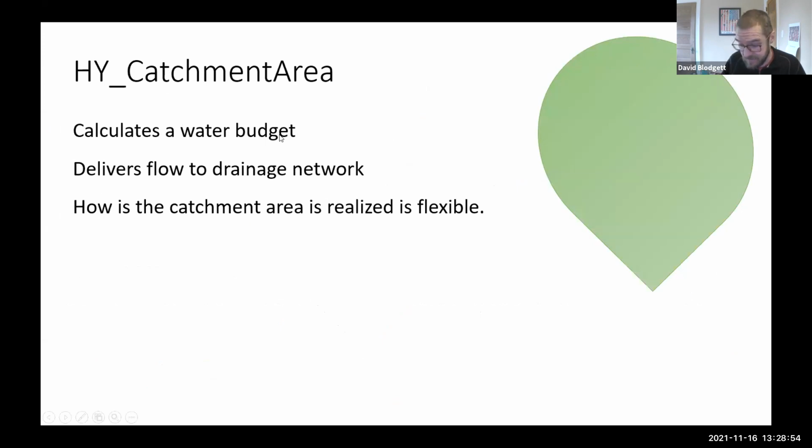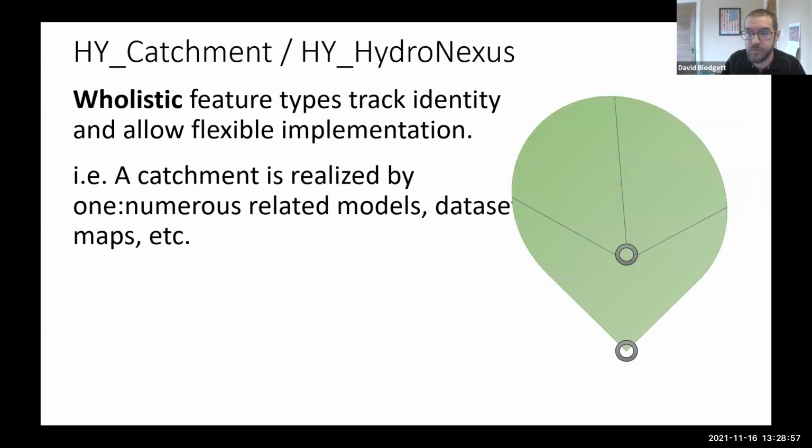The catchment is a holistic concept that we decompose, right? We decompose the idea of a catchment into a thing that can calculate a water budget, a thing that has a boundary, and everything inside that boundary contributes to an outlet.